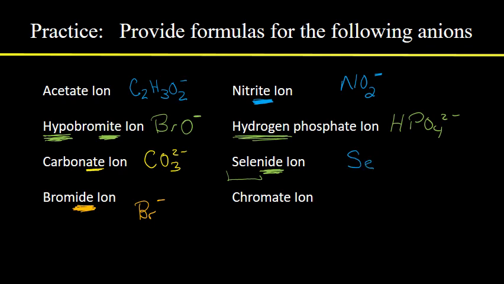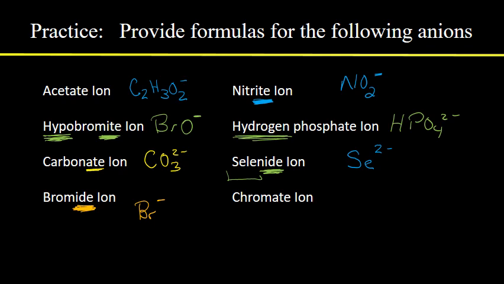And if you look at the periodic table, you'll see that selenium is directly beneath sulfur. It is 2 steps away from krypton. So when selenium forms a simple anion, it's going to add 2 electrons to make an Se2 minus anion. So that's the charge for selenide.